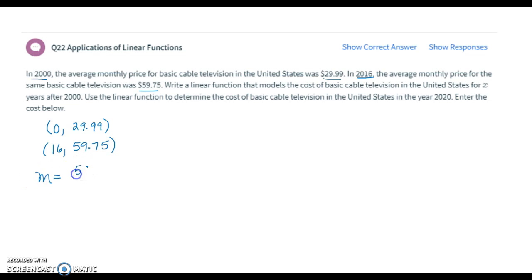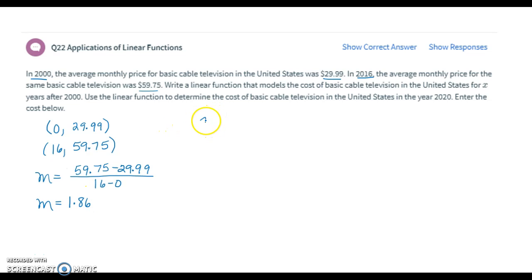The change in y, which is 59.75 minus 29.99, divided by the change in x, which is 16 minus 0, we would get 1.86.